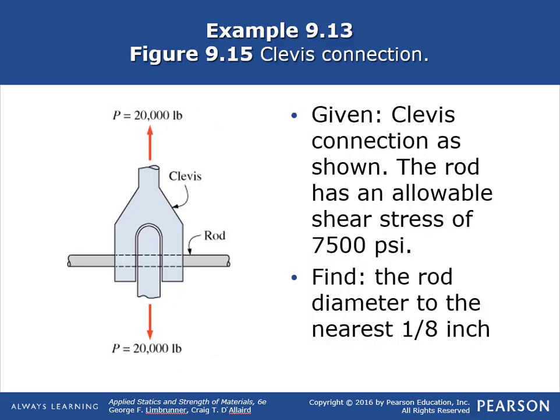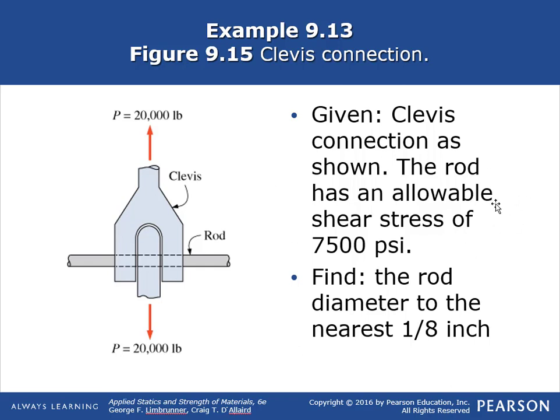Okay, so here's another shear example. What we have here is a clevis arrangement with a rod that supports it. Given the clevis connection as shown, the rod has an allowable stress of 7,500 psi. Find the rod diameter to the nearest eighth of an inch. Okay, so this is a design problem.